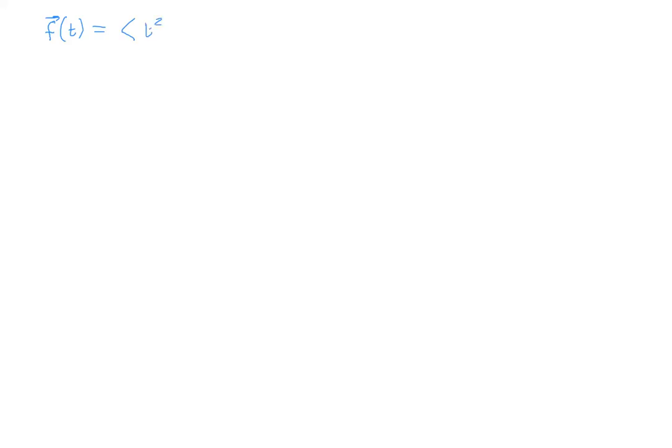So t squared minus 3, 3 plus cosine t. And let's write down one with 3 coordinates, like so. What is kind of interesting here is that we view this as motions.